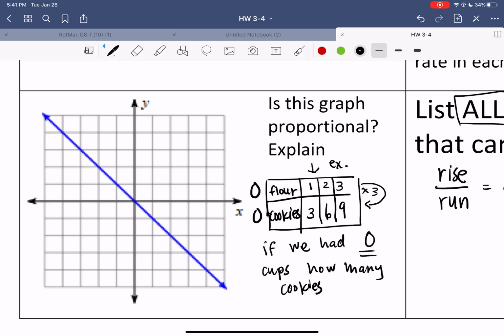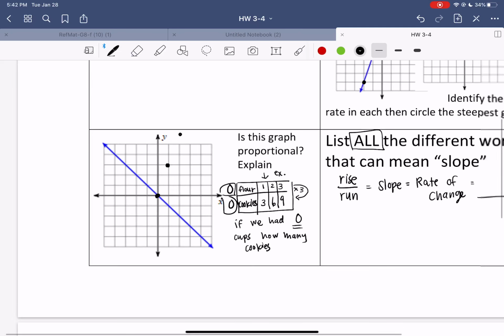So knowing that when you plot 1, 3, 2, 6, and then knowing that 0, 0 is going to be on your graph. So all proportional relationships go through the origin. So that is one way you could explain that one.